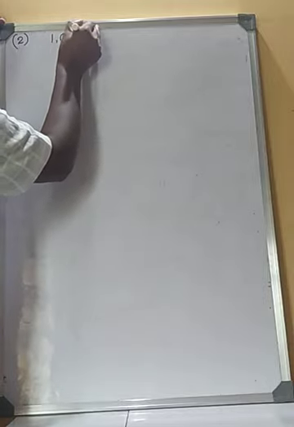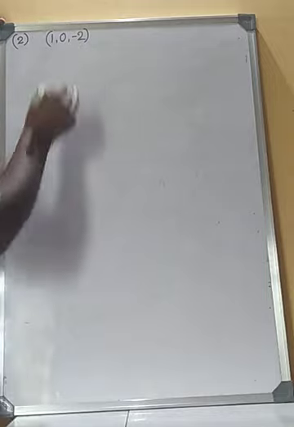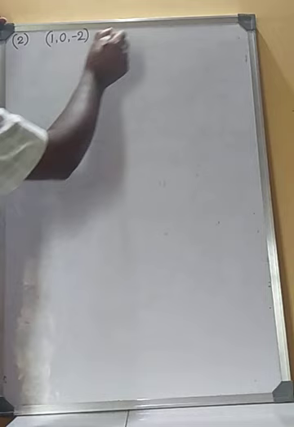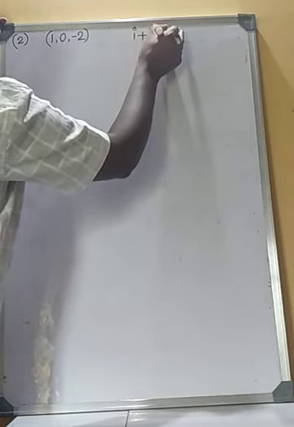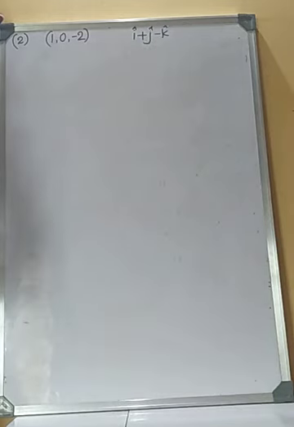The next example: find the vector and Cartesian equations of the plane that passes through the point (1, 0, minus 2) and normal to the vector i plus j minus k.